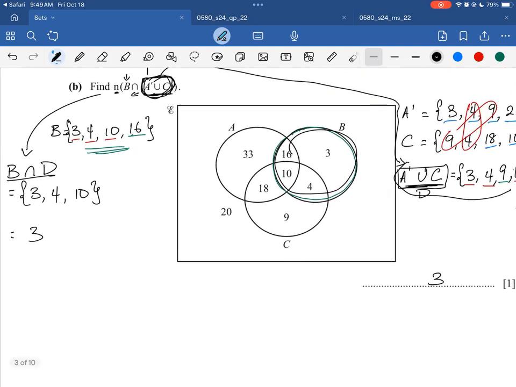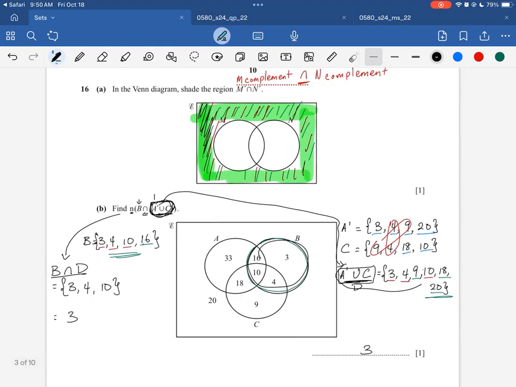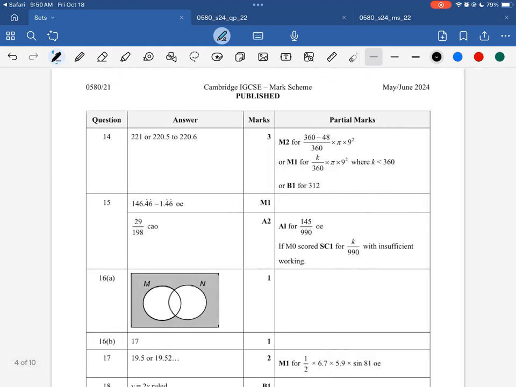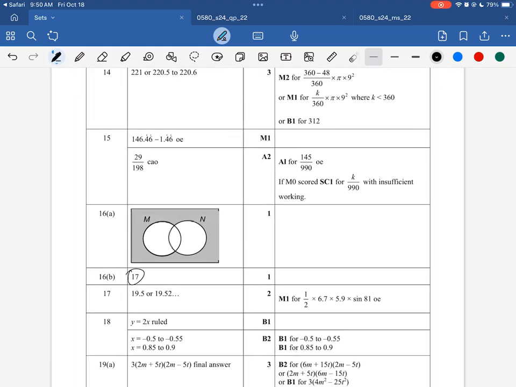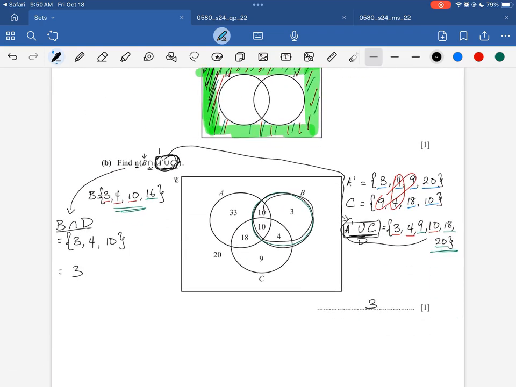If we go to the mark scheme and check. However, I believe that they did actually make a mistake, because they wrote 17 here. Why I said they made a mistake is because instead of just counting the elements inside, they actually added them up, and you're not supposed to do that.